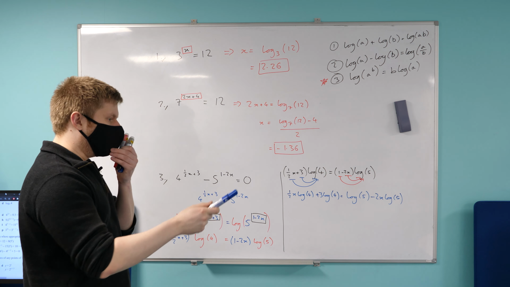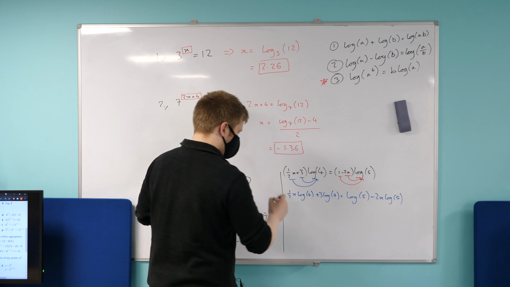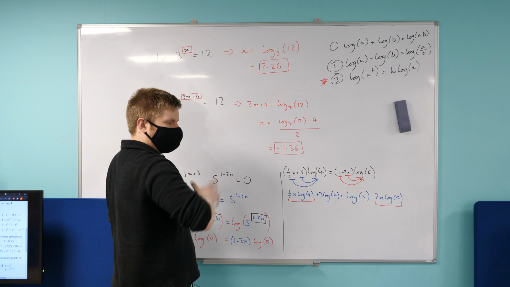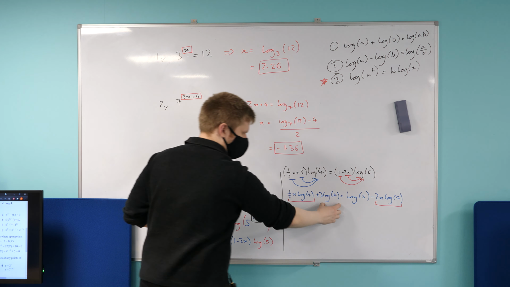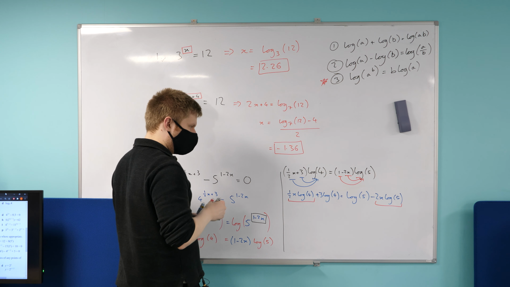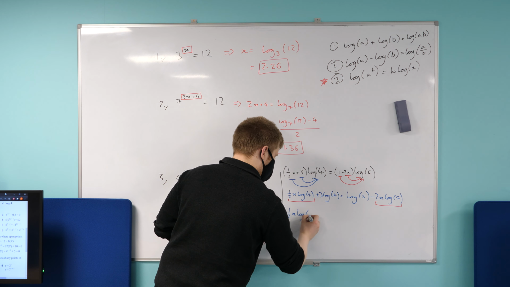So now I would do what you advised. In other words, get all the terms with an x in, this term and this term, on the same side, and get the other two terms on the other side of the equals. So I get half x log of 4.